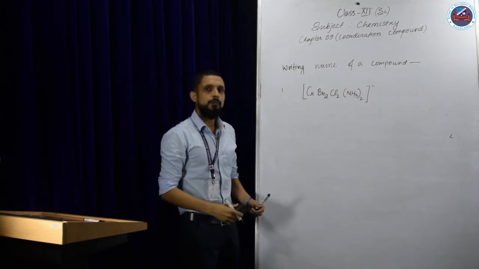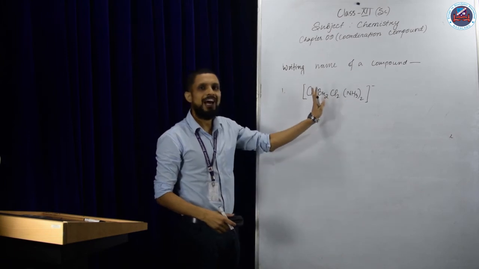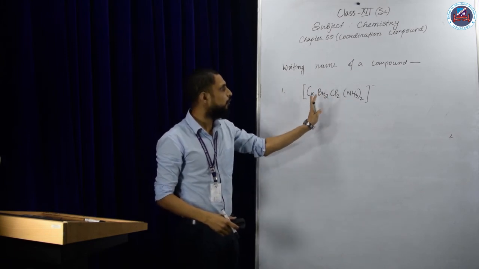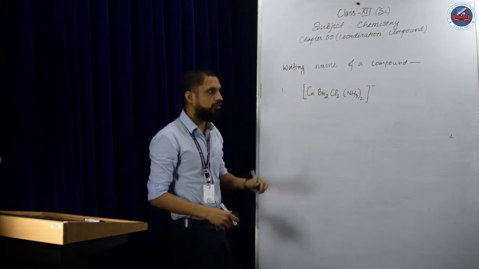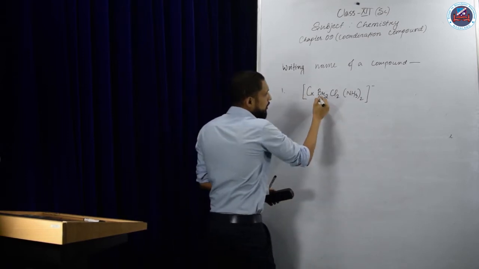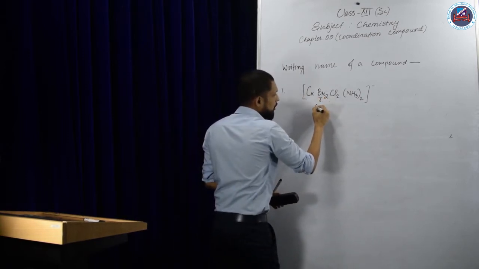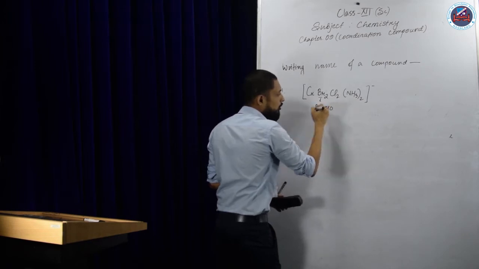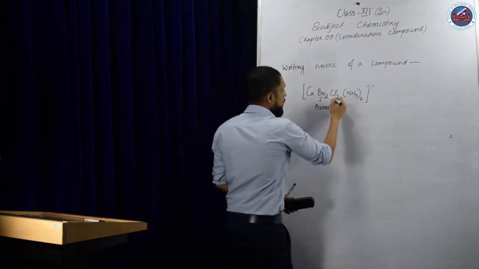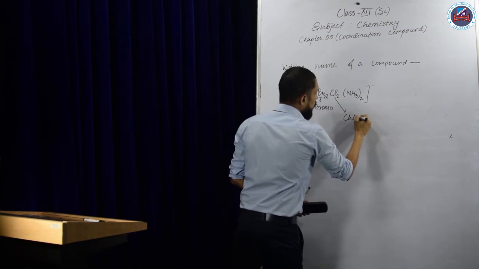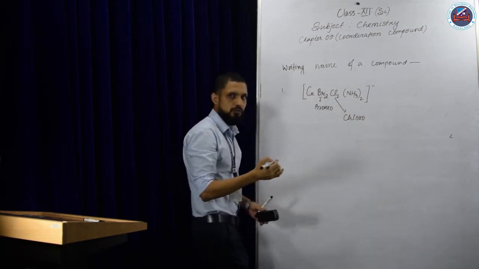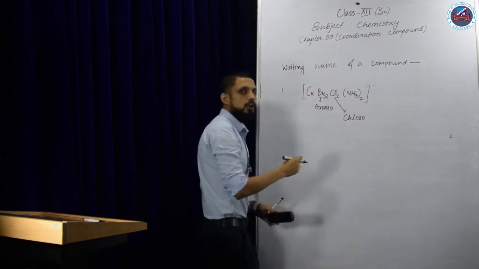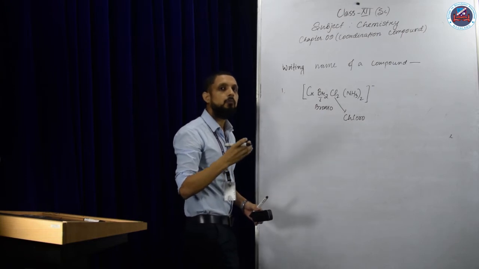Let us take the second example. Here, in this compound, we don't have a counter ion, so straight away we'll start with the coordination entity. Br is bromo or bromido. Cl is chloro or chlorido. Instead of writing chloro, you can also use the name chlorido.